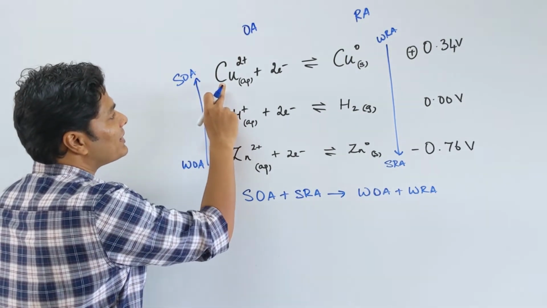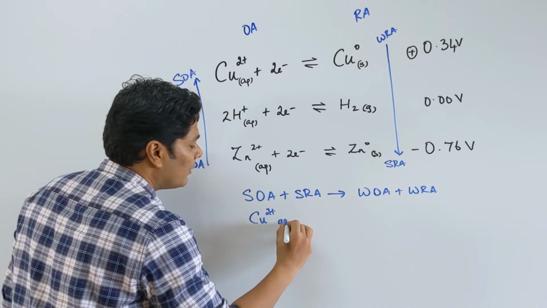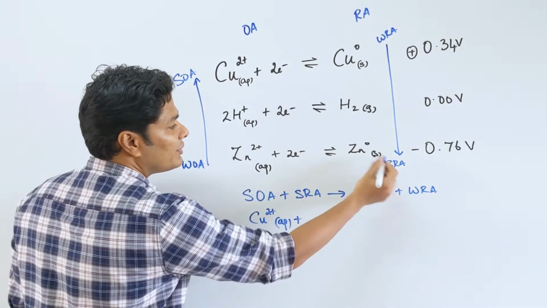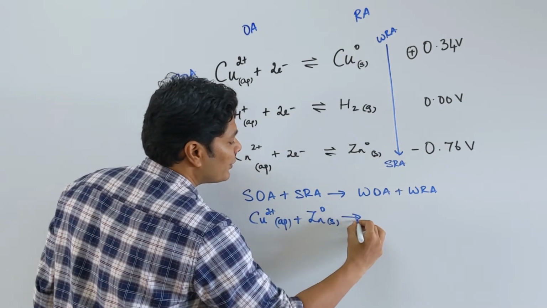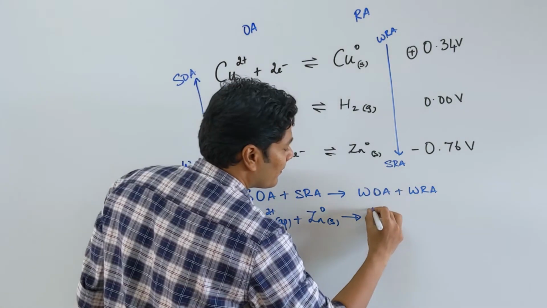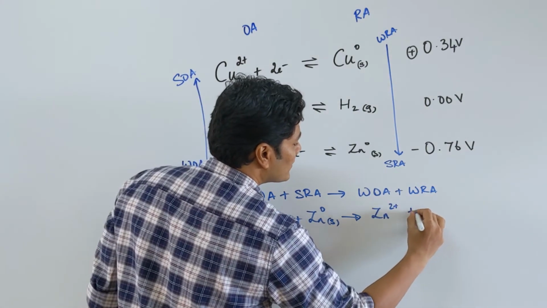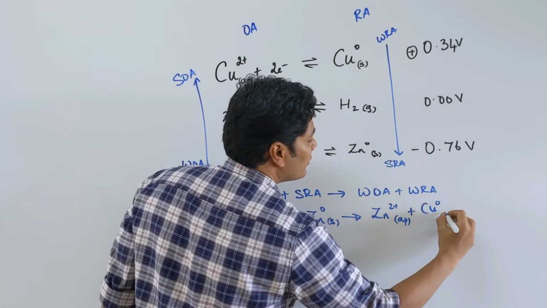My strongest oxidizing agent is copper 2 plus aqueous, plus the strongest reducing agent is zinc 0 solid, gives you, now, the weakest oxidizing agent, which is going to be zinc 2 plus aqueous. The weakest reducing agent is going to be copper 0 solid.